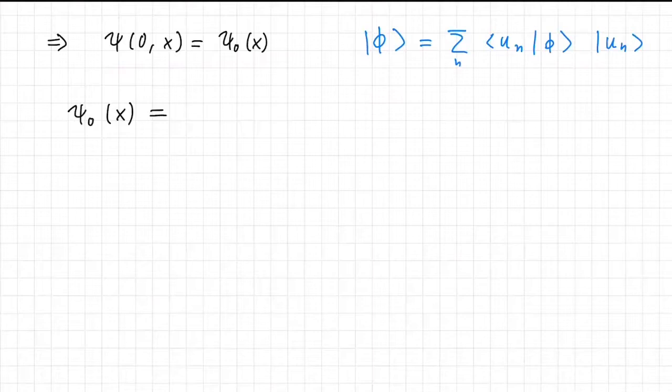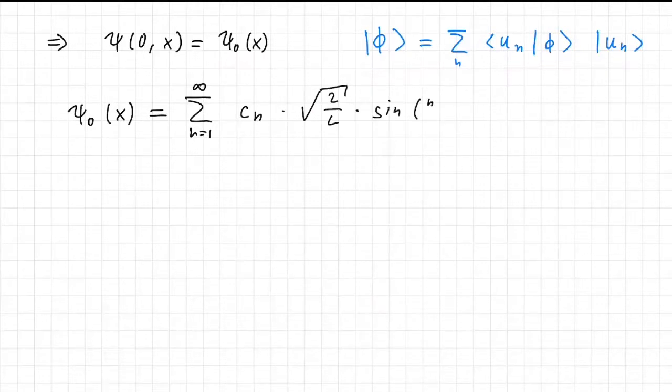And what we now basically do is we apply the formula for expanding a state vector in an orthonormal basis. We can express psi 0 of x as a sum over n equals 1 to infinity, a coefficient Cn times square root of 2 over L times sine n pi x over L, where the latter here is our orthonormal basis.